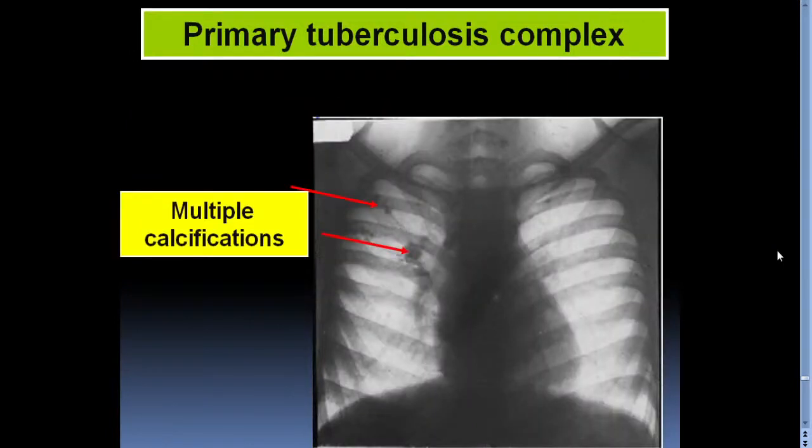On this X-ray, we can see multiple calcifications. That's why there are many focal shadows in the lungs and calcification in the lung root on the right side, in the upper lobe of the right lung. This is post-primary changes also.